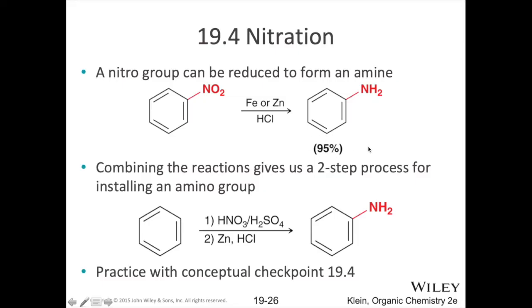So that's something to keep in mind for any synthetic problems that require you to tack on an amine to your benzene ring. Realize that you can do so in two steps. In your first step, make your nitrobenzene using concentrated nitric and sulfuric acid, and in the next step, use either zinc or iron and HCl, and you will reduce that to the corresponding amine.